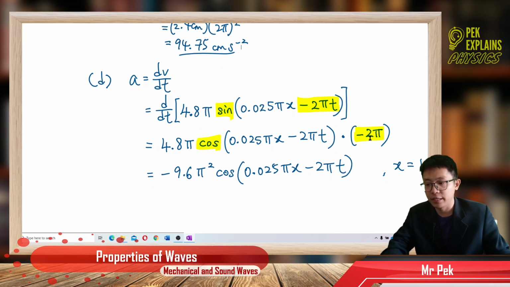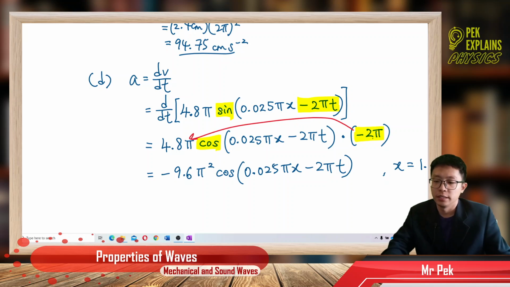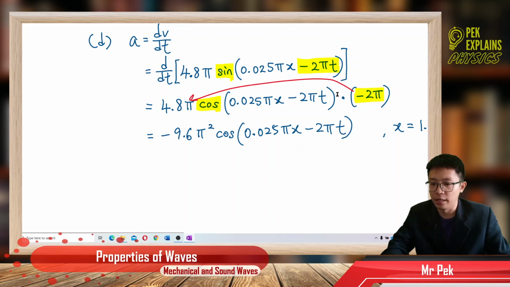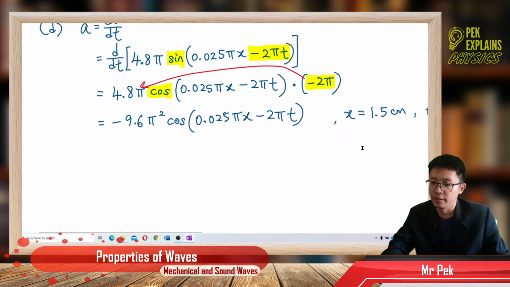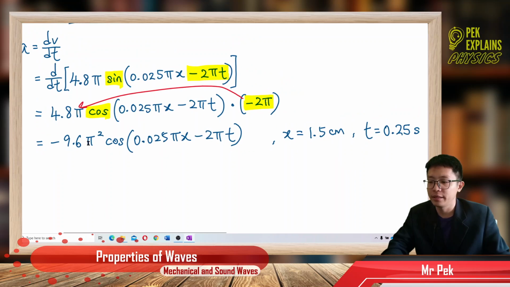Then you multiply negative 2 pi to the front. Negative 2 pi times 4.8 pi, you get 9.6 pi square, and then the rest. Then you get this formula.